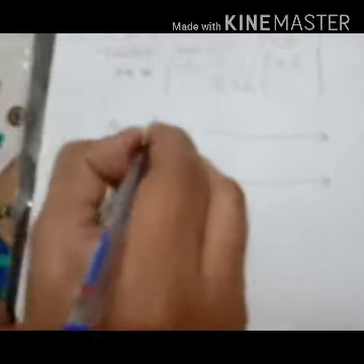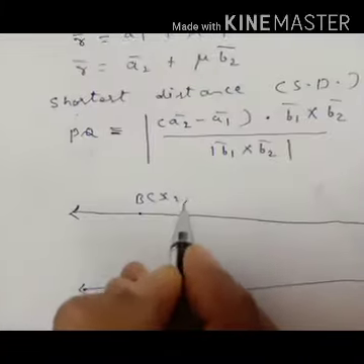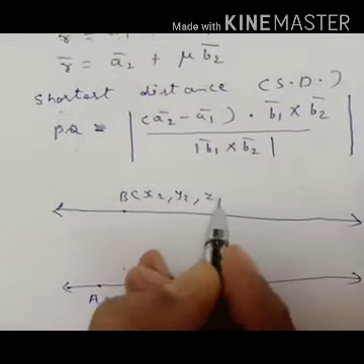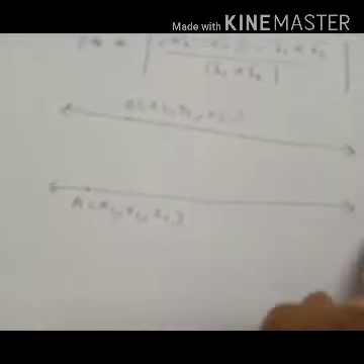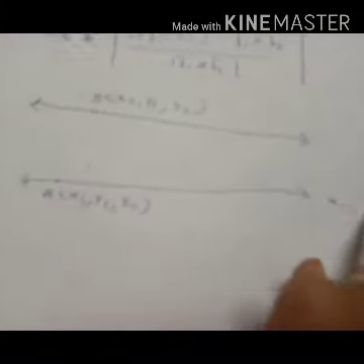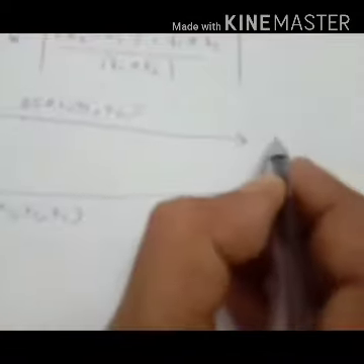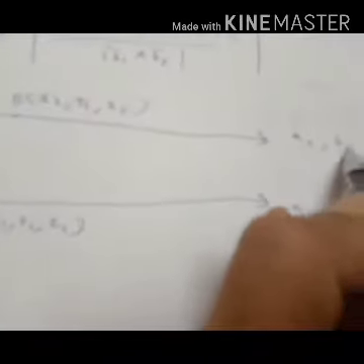On another line, point B, coordinates x2, y2, z2. Suppose the direction ratios of one line are a1, b1, c1, and the direction ratios of the other line are a2, b2, c2.